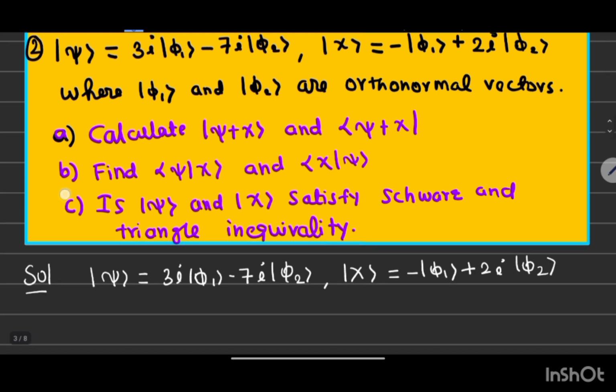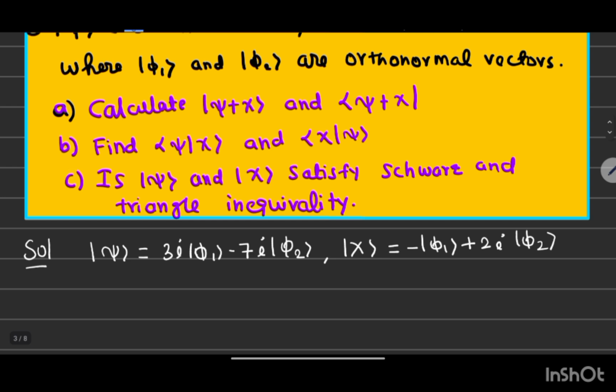Okay, since two ket vectors are given, straight away we can add them for finding the addition of these two vectors in the Hilbert's ket space. Answer for the first question, directly we can add psi plus chi is equal to how much?